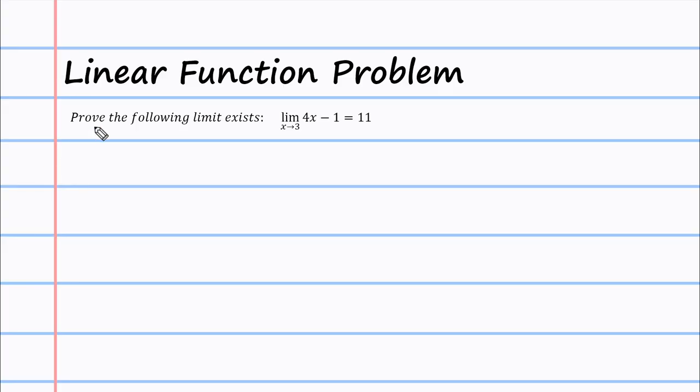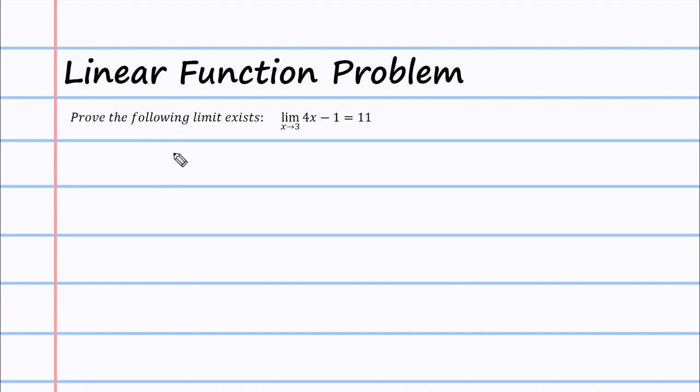Okay, so let's look at how to algebraically prove that this limit exists. Our first step is to find delta. And remember, for the epsilon delta definition of a limit, we need to find a delta that works for any value of epsilon greater than 0. So that means we have to define delta in terms of epsilon.